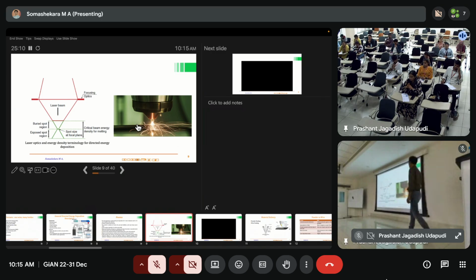If we look at the other parameters, you have the exposed spot region and the critical beam energy density. This is very important, especially if you want to take advantage of beam intensity and so on. Of course, there are different heights depending on the technologies.